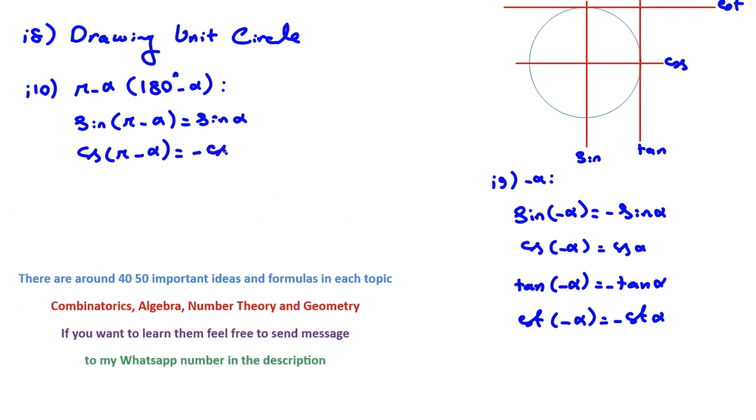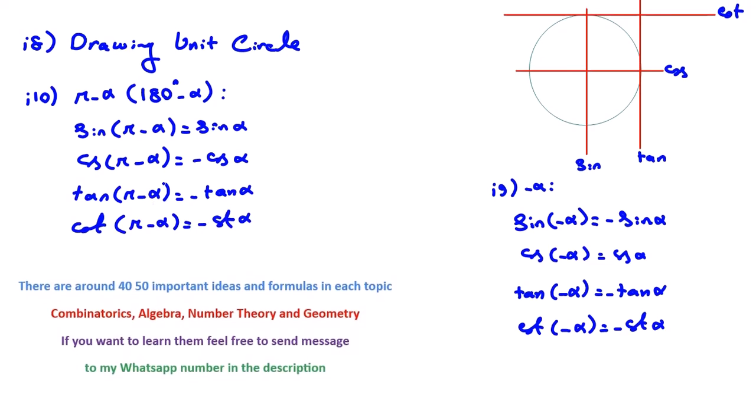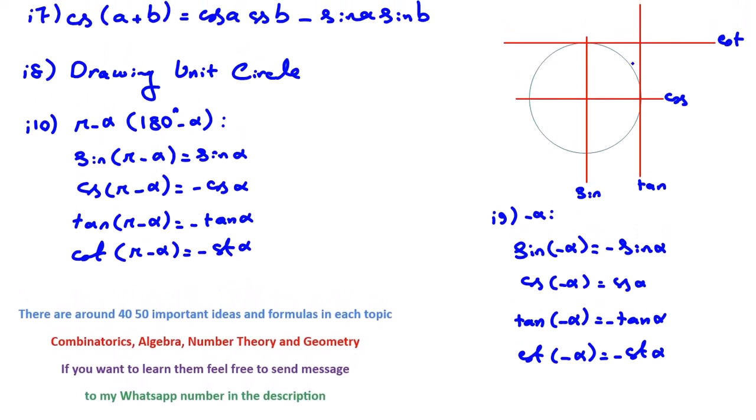It's negative cosine alpha, tan of pi minus alpha is negative tan alpha, and cotangent of pi minus alpha is negative cotangent alpha.